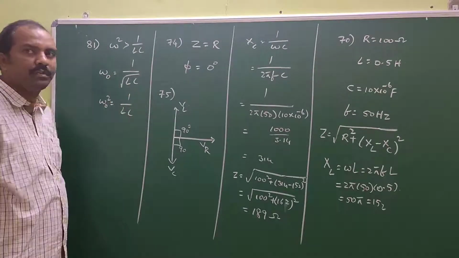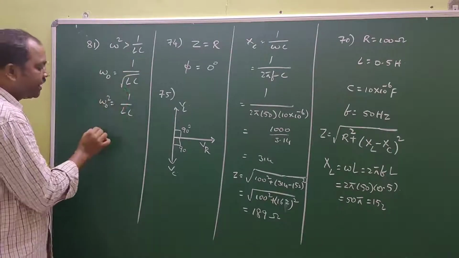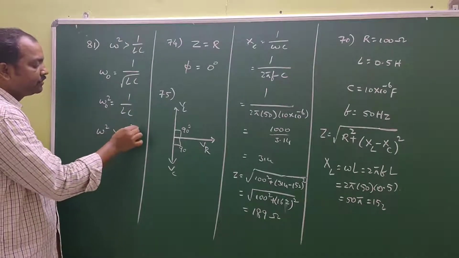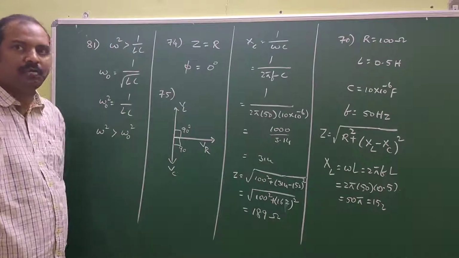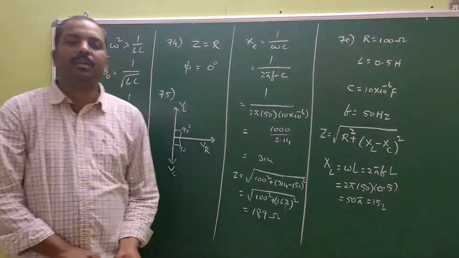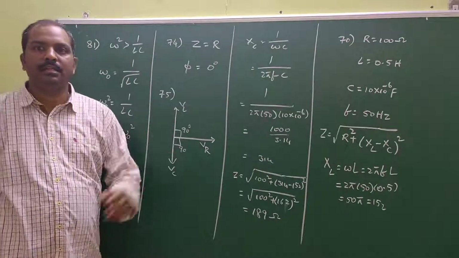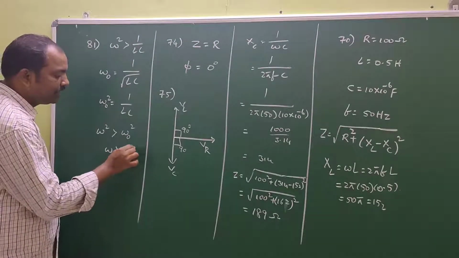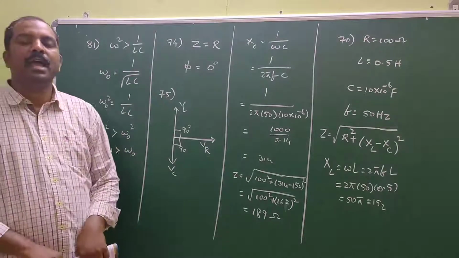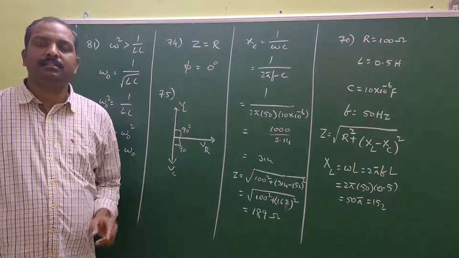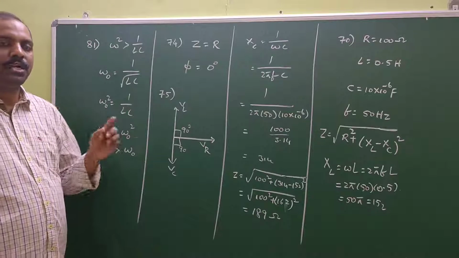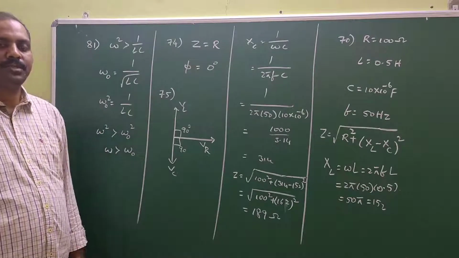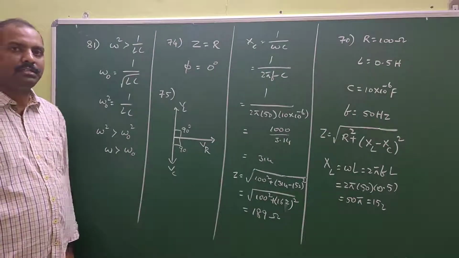This is the resonance frequency. But here they mentioned the frequency of the source is greater, that is, omega squared is greater than omega naught squared. It means the frequency is greater than the resonance frequency. As the frequency is greater than the resonance frequency, the circuit acts as an inductor circuit.